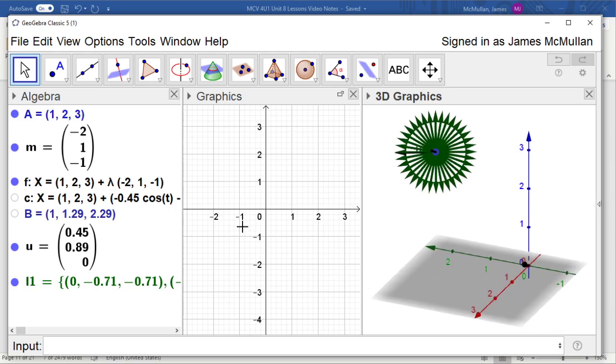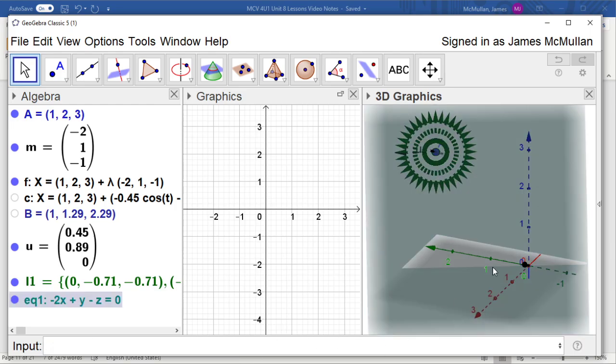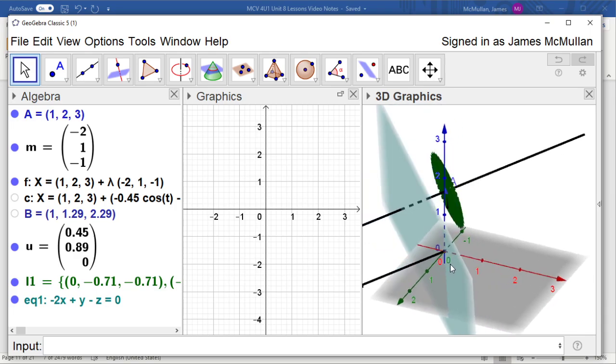So you can't create a line in 3D, because when you go, let's do it this way, -2x plus y minus z equals 0, you just don't get a line. You get a plane.